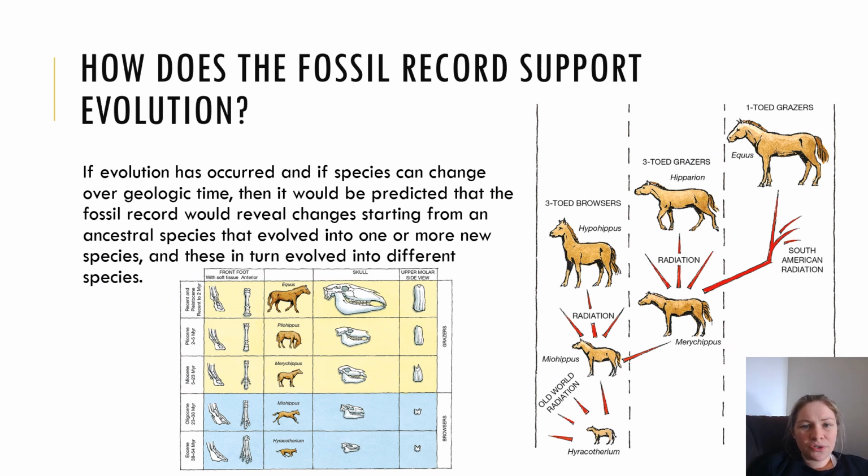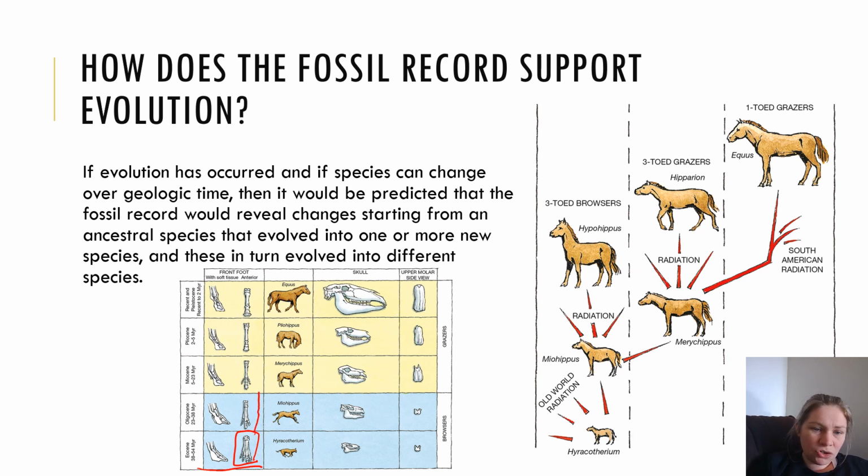So how does the fossil record support evolution? If evolution has occurred, we can look at the change in a fossil over time to look at how a particular species has evolved. If we look at the change of this modern day horse over time, we can see that it started off, right down the bottom here, with, in its lower foot, basically 4 toes.